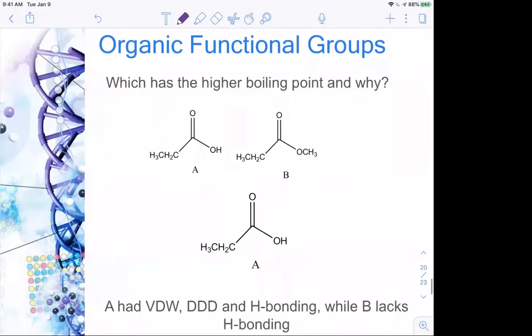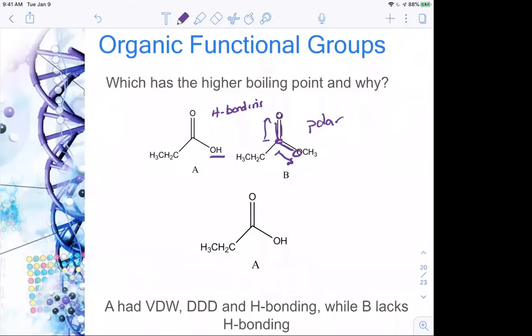Which has the higher boiling point here? Well, this is hydrogen bonding. This is polar, right? I have a carbon-oxygen polar bond here. I have a carbon-oxygen polar bond there.